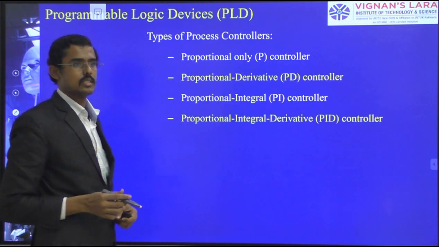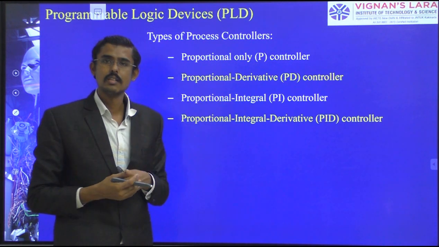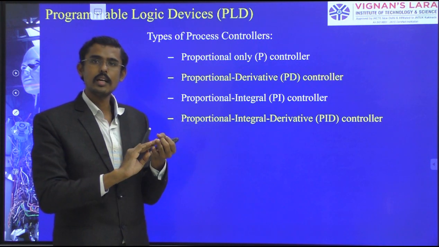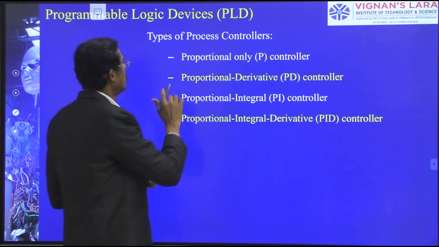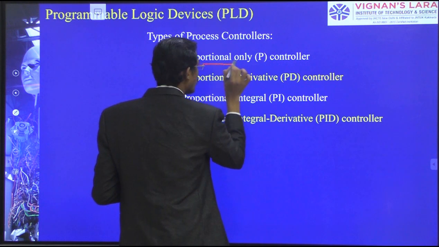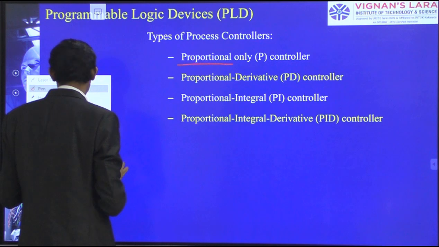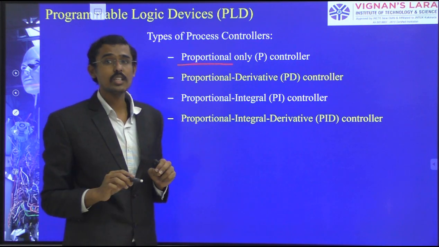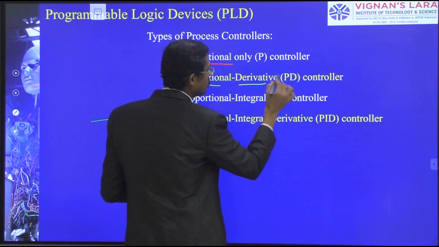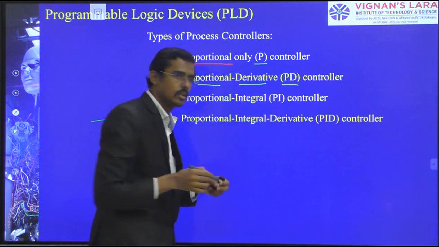Dividing these process controllers into categories, I have used three words: proportional, integral, derivative. Sometimes I am using only the proportional controller, and sometimes the combination of proportional and derivative, which is called a PD controller.